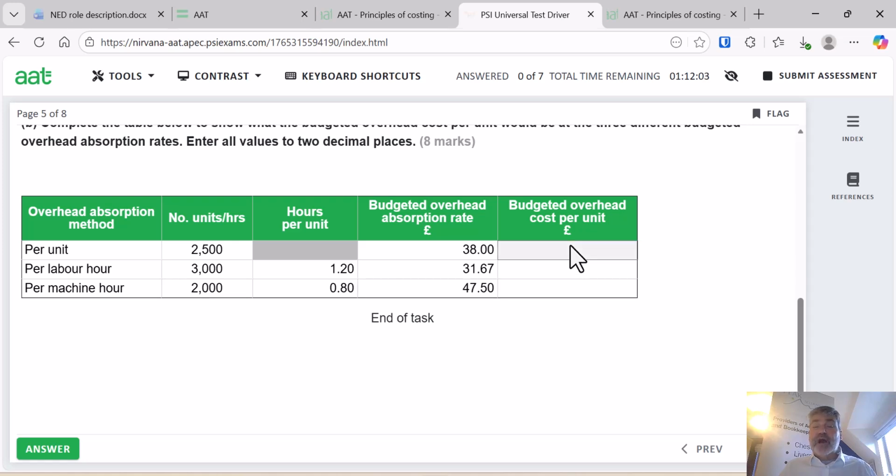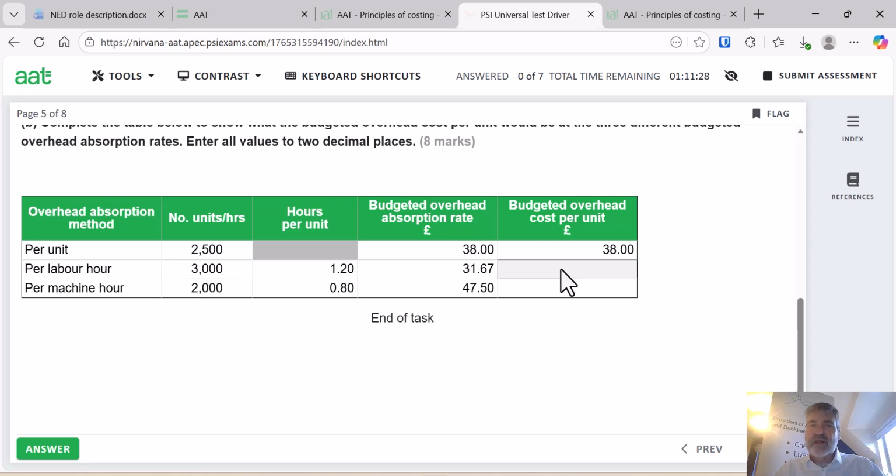So finally, we are asked to calculate the budgeted overhead for a cost unit. Using our budgeted overhead absorption rates, let's have a look at per unit. Well, the answer is going to be £38, because we've already worked out the overhead absorption rate on a unit basis. So one unit gets charged with £38. What about if we were absorbing our overhead according to the labour hours worked?